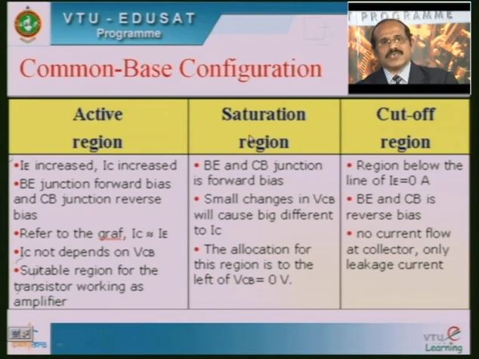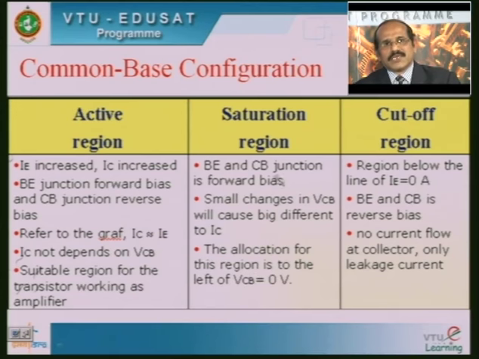Whereas in the saturation region, both input and output junctions are forward biased. Also, a small change in VCB will cause a big change in the output current, that is, the collector current. So this region is to the left of VCB equal to 0.